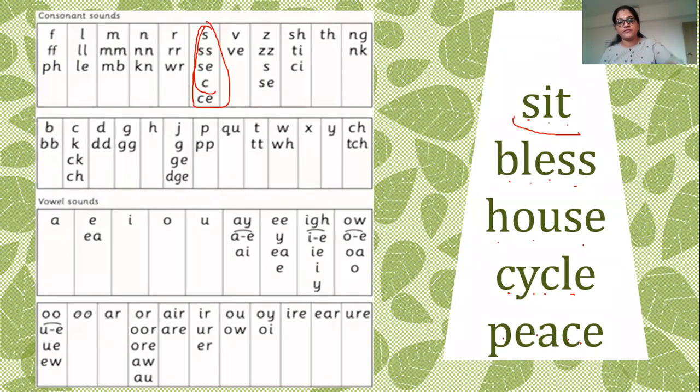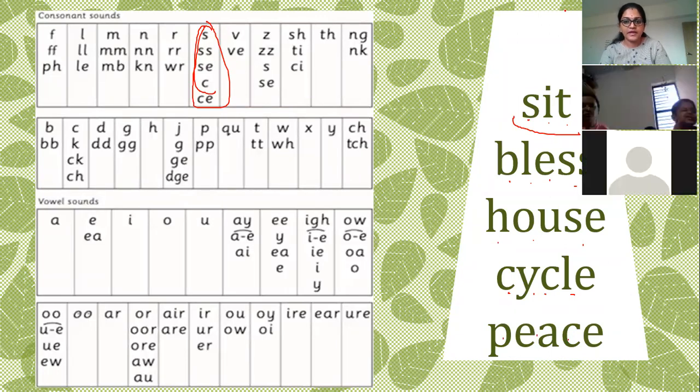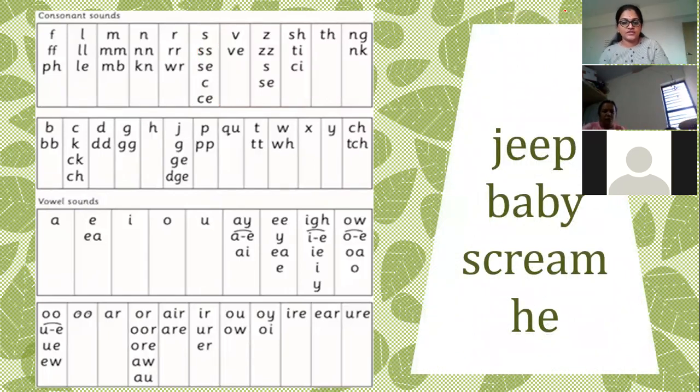Now let me explain one more. Now we are going to see the spelling patterns of E. E says E as in jeep. Then what could be the next spelling pattern? Y says E as in baby.